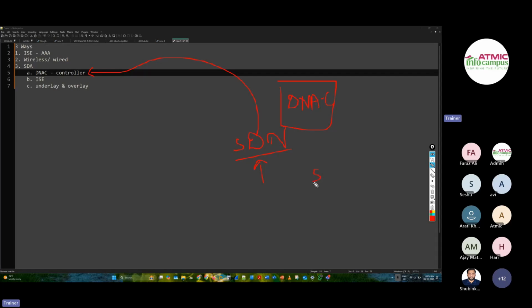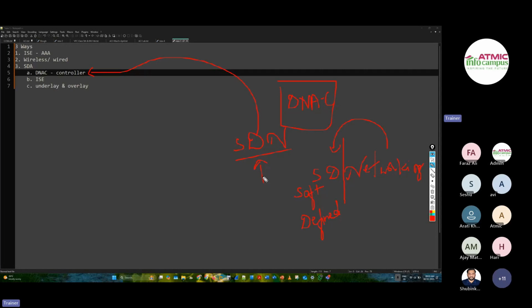What is the full form of SDN? Software defined networking. So it is networking which is software defined. When I say software defined, it is traditional networking enhanced by software. How is it enhanced?